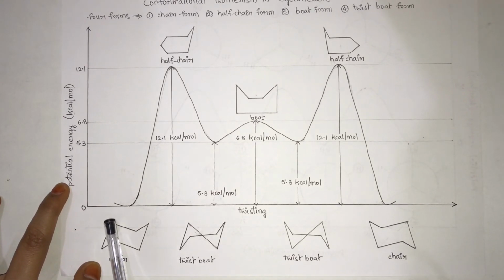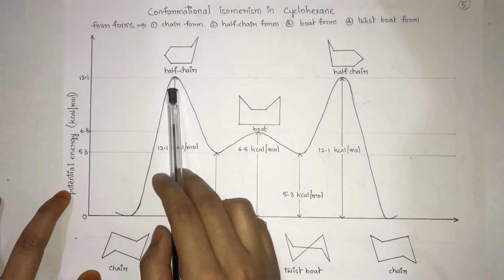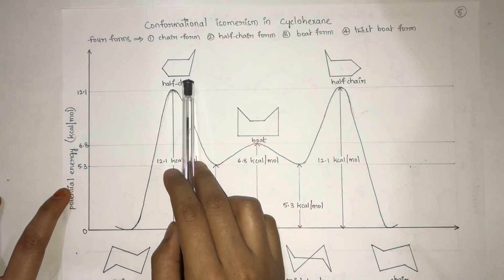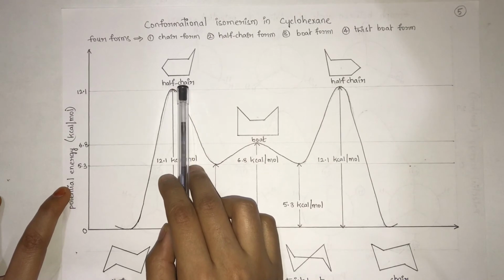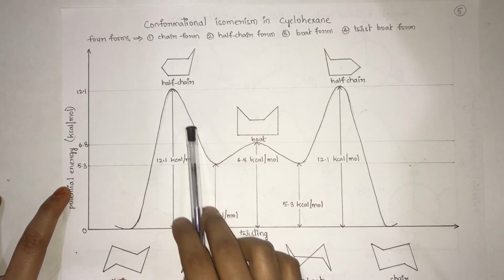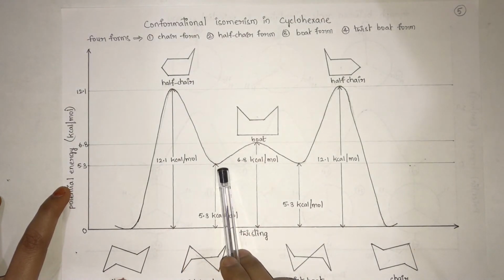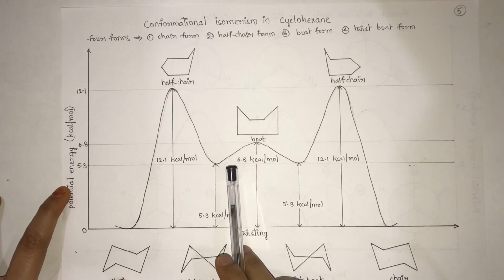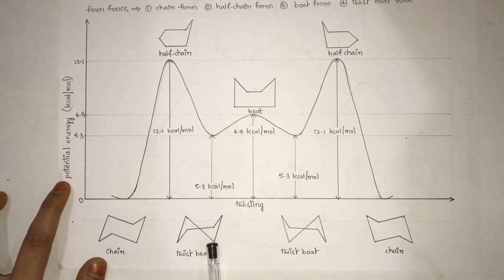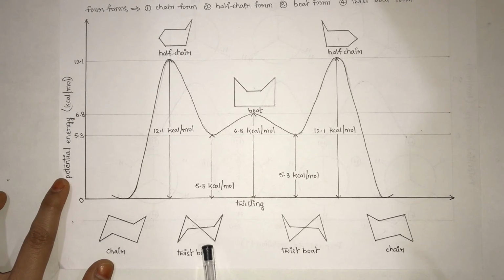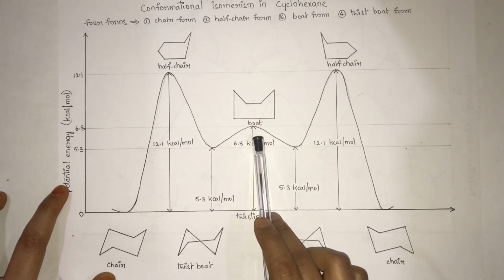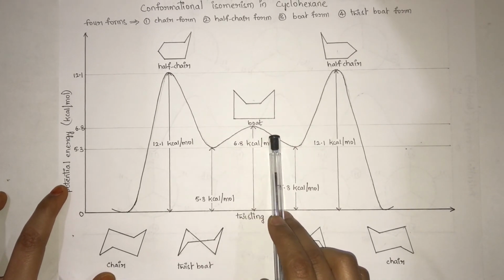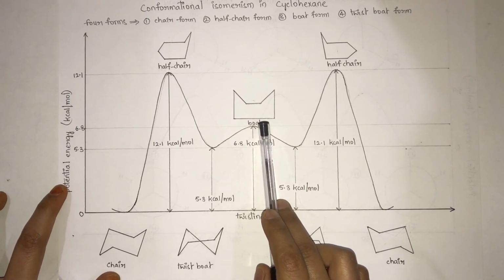Upon twisting the molecule by taking 12.1 kilocalories per mole, it is converted to half chair. Again twisting, it will take only 5.3 kilocalories per mole in order to form a twist boat form. Further twisting by taking 6.8 kilocalories per mole energy, it will become boat form.